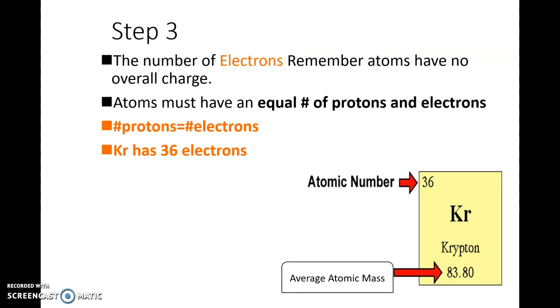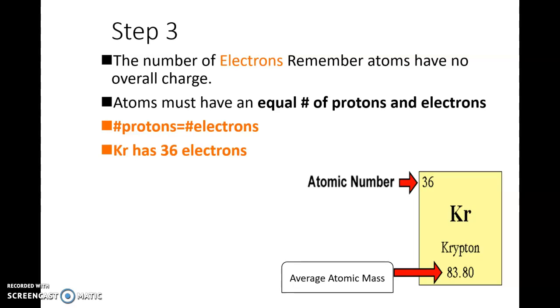And so you have to think about, well, why is that if there's charged particles inside the atom? Protons are positively charged and neutrons are neutrally charged and electrons are negatively charged.